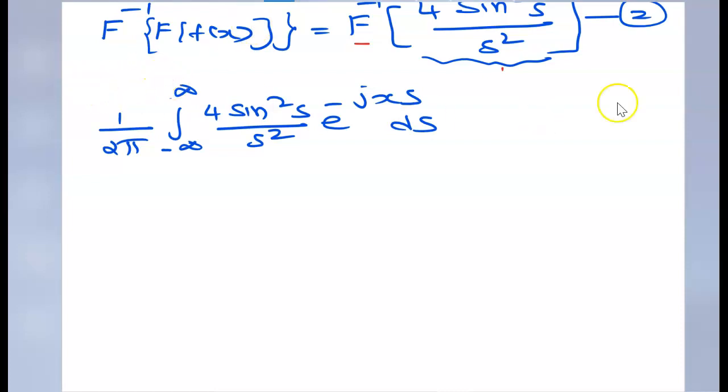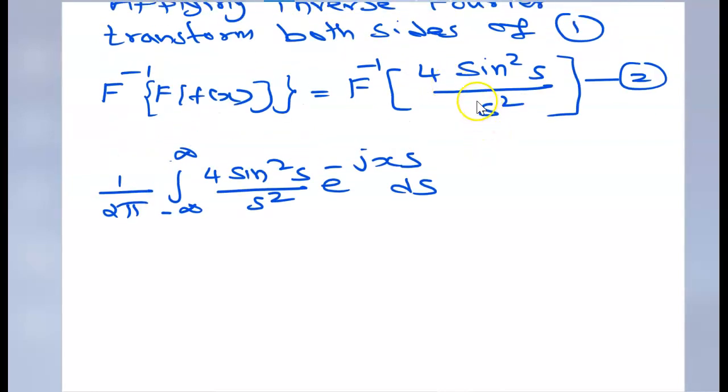From this equation, I had F inverse. F inverse of this value means 1 by 2 pi integral over minus infinity to plus infinity, and whatever is there comes under the integral sign. So 4 by sine squared s by s squared e power minus j x s ds comes from the rule which I showed you.